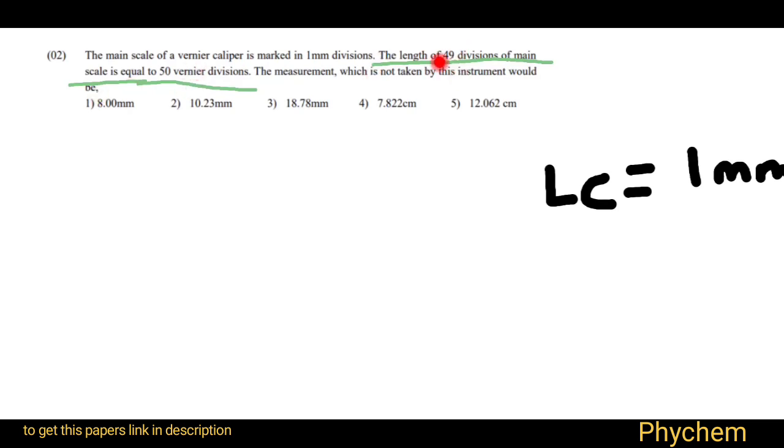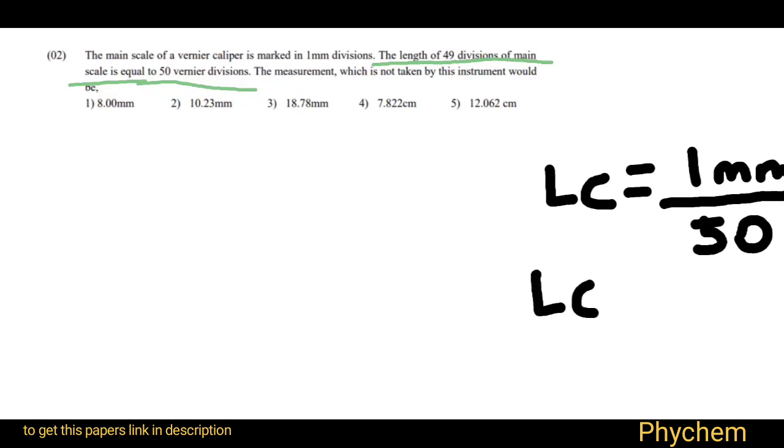So that 1 millimeter is divided into 50 extra units. That is why I'm counting the least count this way: 1 over 50. So the least count would be 0.02 millimeter.